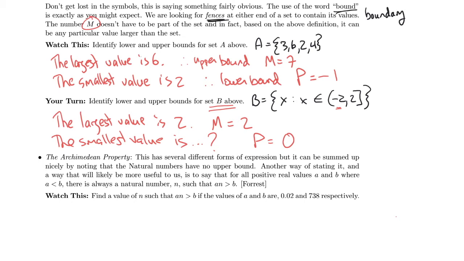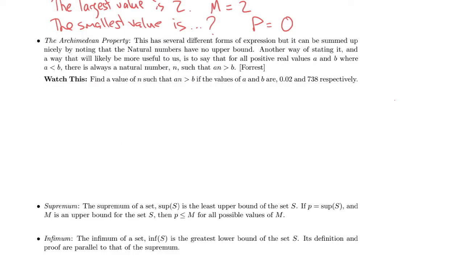So now let's take a look at the Archimedean property. The Archimedean property can basically be summed up by saying that the natural numbers have no upper bound. There is no largest natural number.